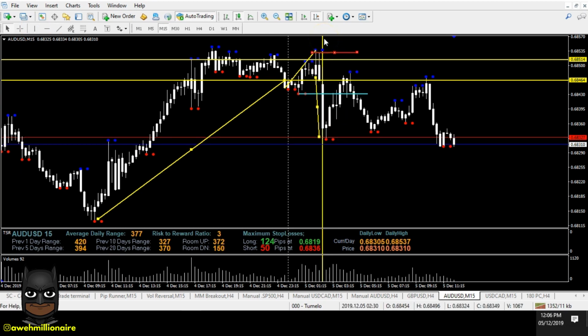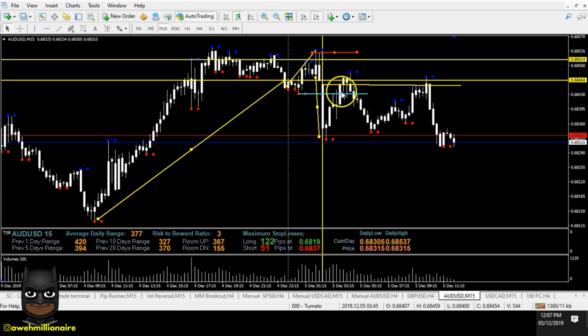So it's an in and out kind of trade where you collect those pips in a couple of minutes. Also, it shifted off the supply level with high volume, so we know this is an important level. Price went back to test that level and shot back down, went back, and shot back down again. So you know what it is, supply and demand.